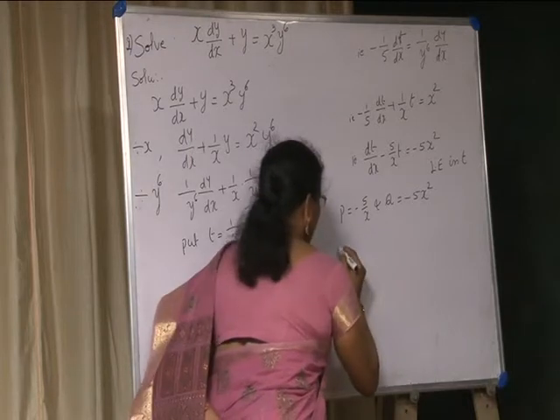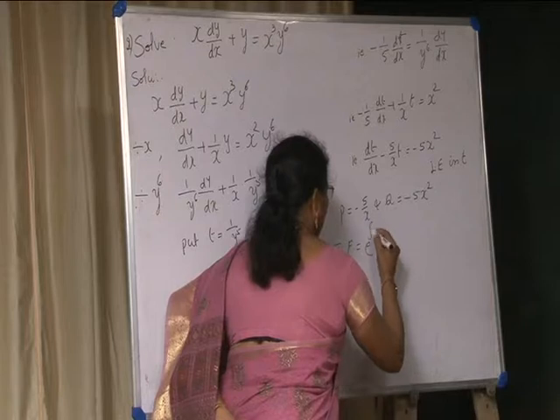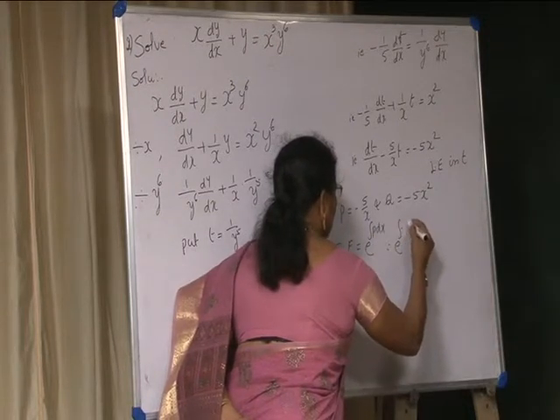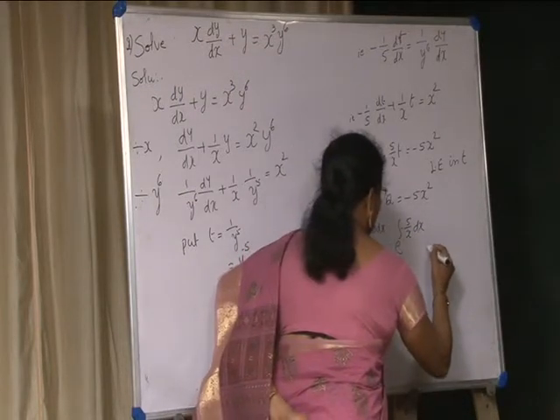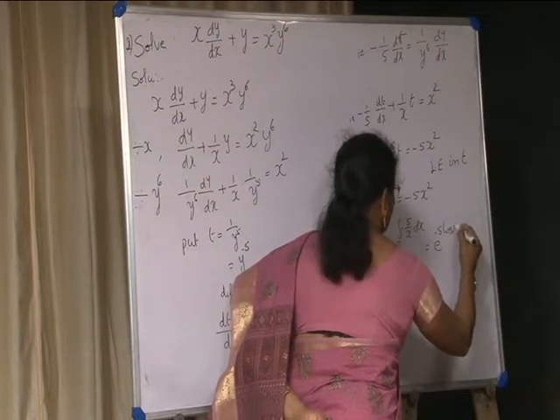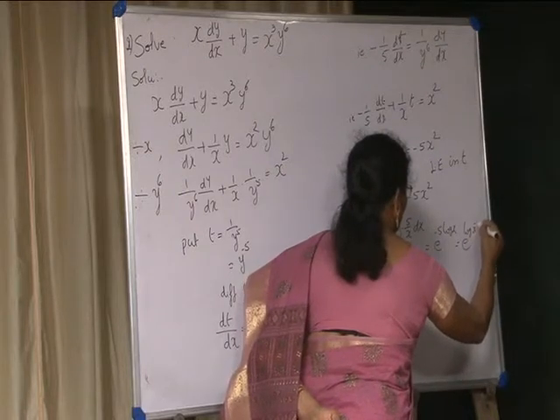Similar process: integrating factor is equal to e to the power of integral of P dx, integral of minus 5 by x dx. This is equal to e to the power of minus 5 log x, e to the power of log of x to the power of minus 5.